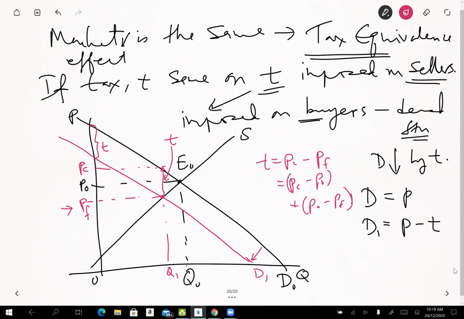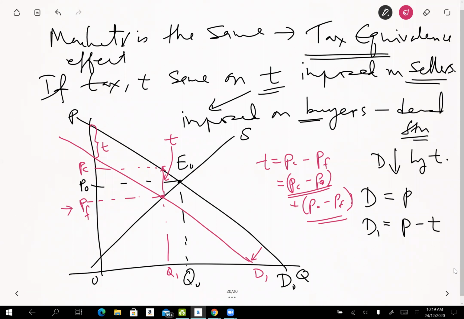So everything will be just the same as what we were doing. This is the share of the burden of the tax on the consumers, and this is the burden of the tax on the firms.